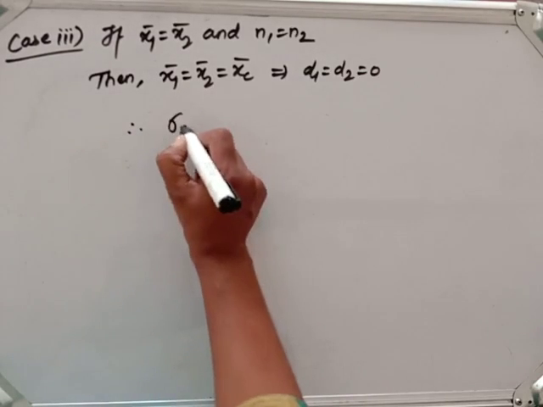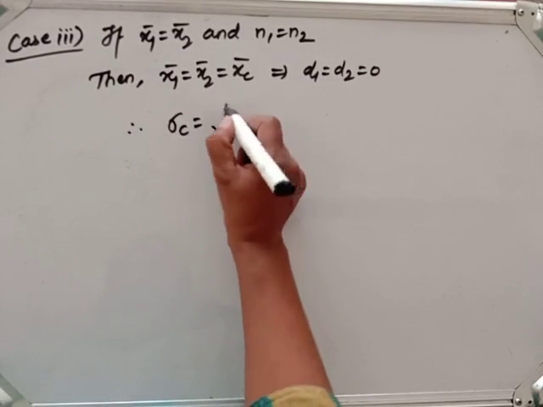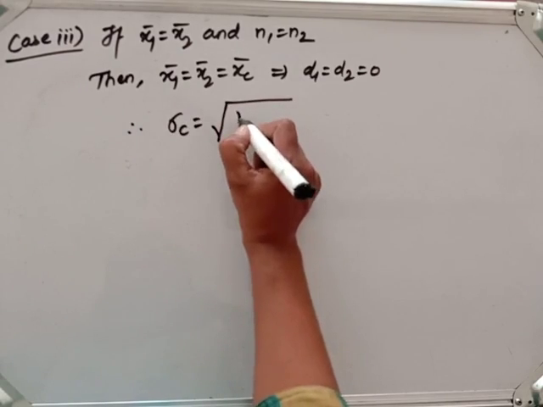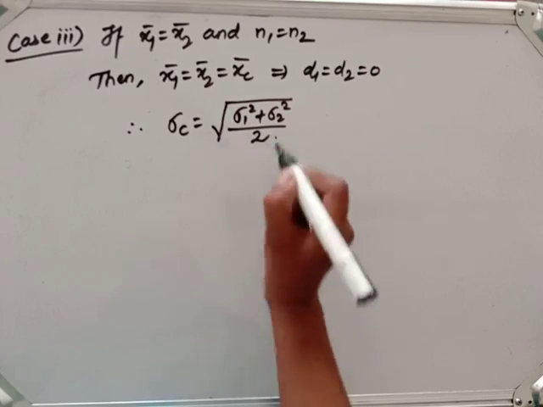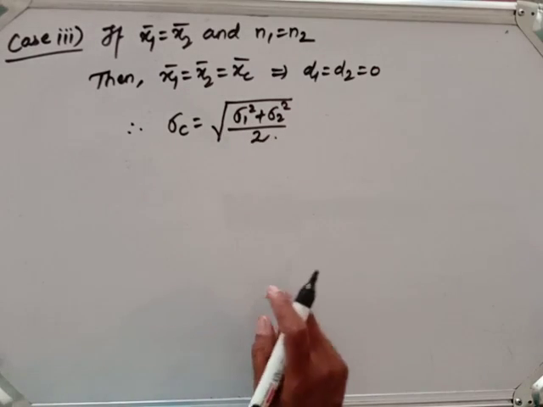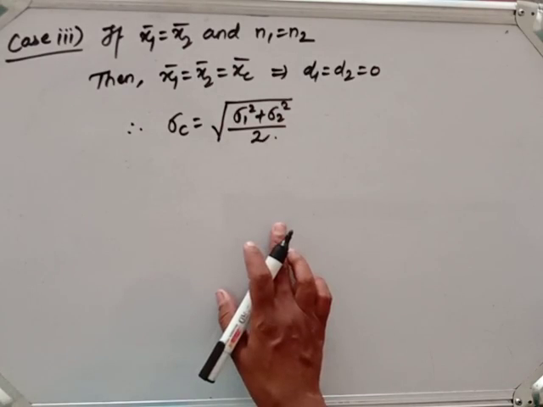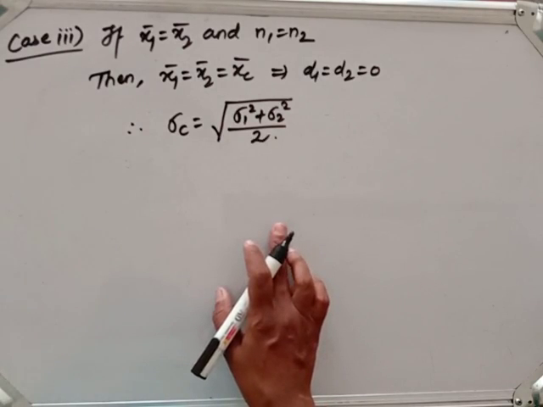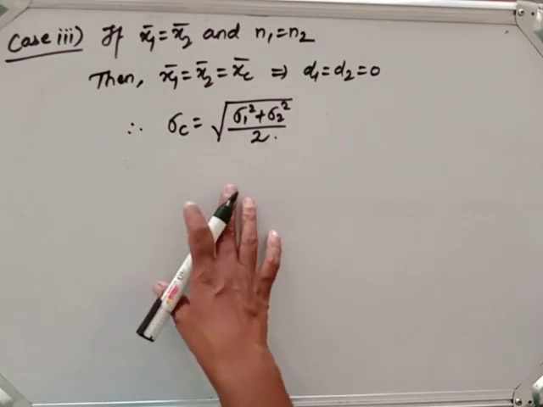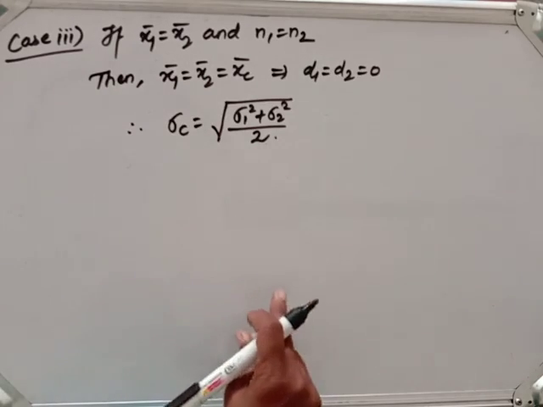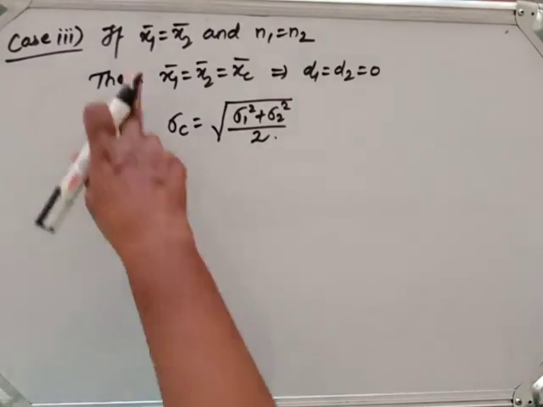Therefore, sigma c will become the square root of sigma 1 square plus sigma 2 square upon 2. This is the result for the combined standard deviation, also the combined variance. If we take the square of this, we get the variance. These are various cases I had taken for combined standard deviation according to the means being same, or the number of observations being same.